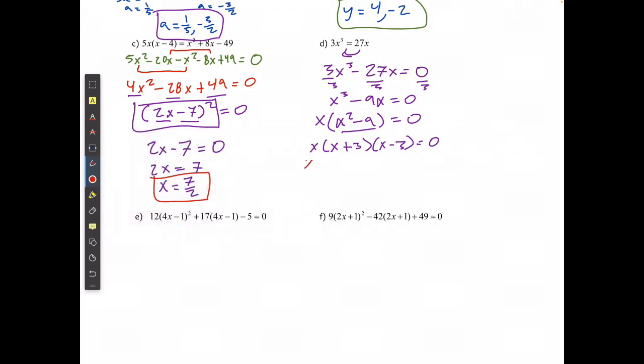I could say x equals 0, I could say x plus 3 equals 0, or I could say x minus 3 equals 0. This one already gives me a solution. This one is going to be when x is equal to negative 3, and this one's going to be when x is equal to positive 3. Which means that x can be equal to 0, or positive or negative 3.